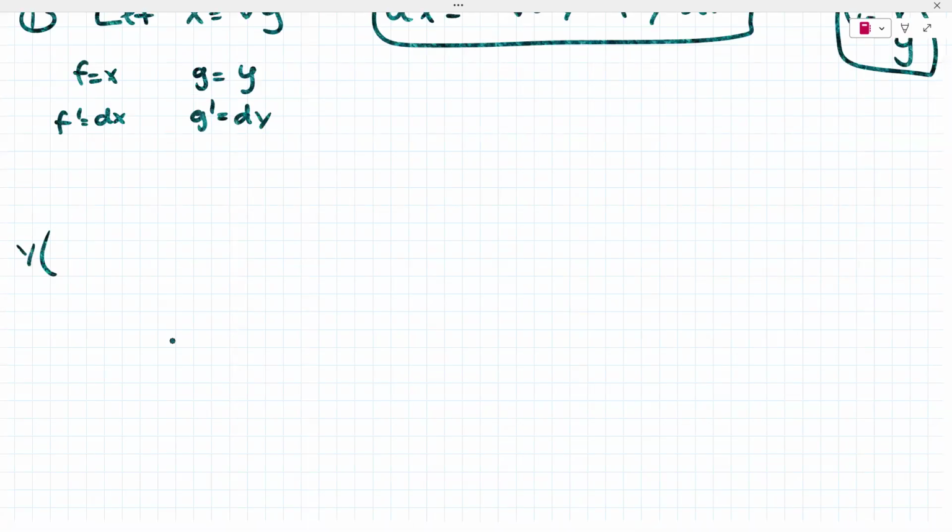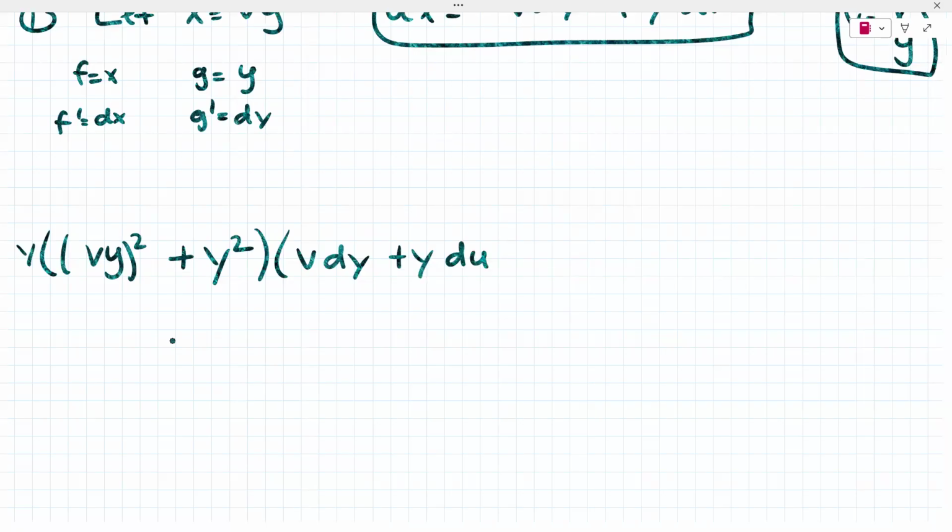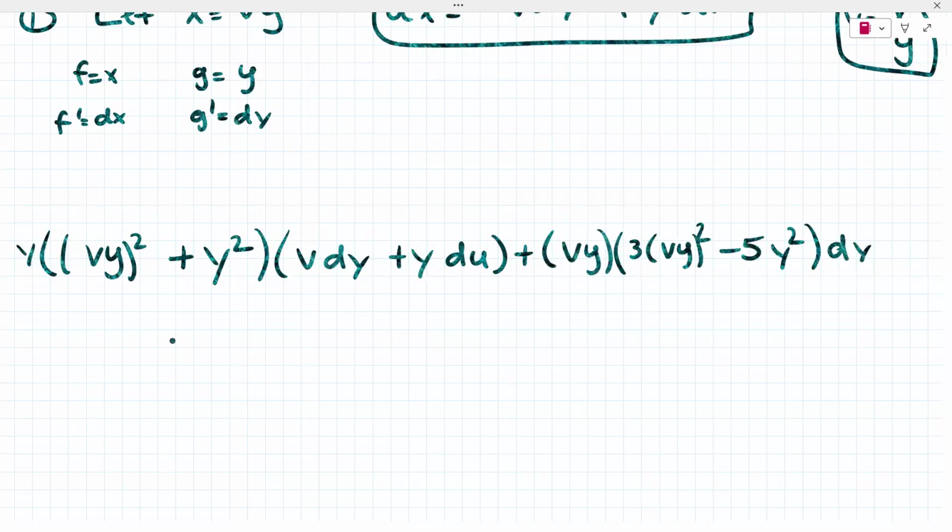It's going to be y times (vy squared plus y squared) times (v dy plus y dv) plus vy times (3 (vy) squared minus 5y squared) dy equals 0.